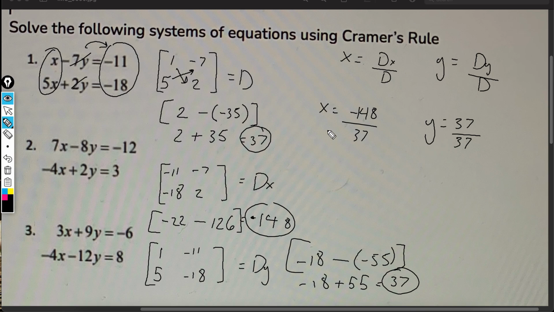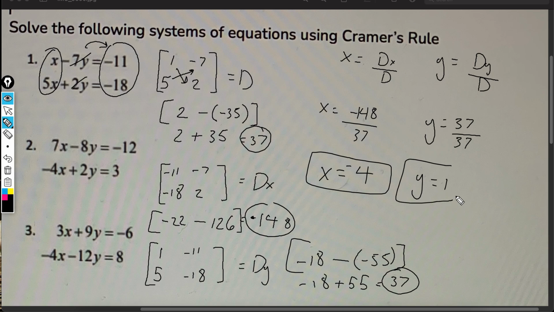So let's see. Hey Siri, what's 148 divided by 37? 148 divided by 37 is 4. We got a negative, so our x equals -4. Obviously 37 over 37 is just going to be a 1. No calculation for that. And that's how we find our x and our y value using Cramer's rule.